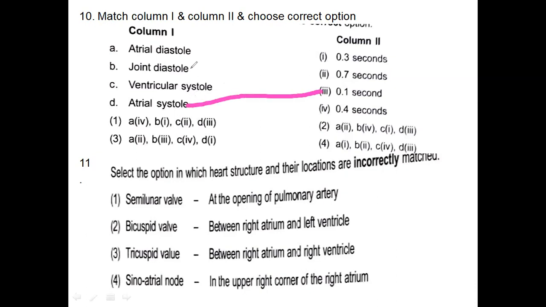Joint diastole is for about 0.4 second. Ventricular systole is of about 0.3. Diastole is about 0.7. So the answer for this question is A to 2, B to 4, C to 1, D to 3, second one.